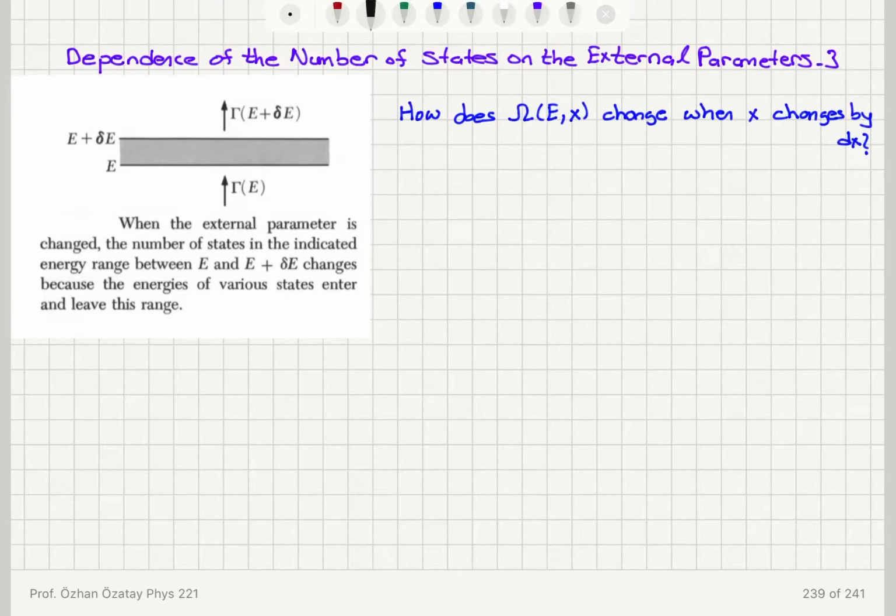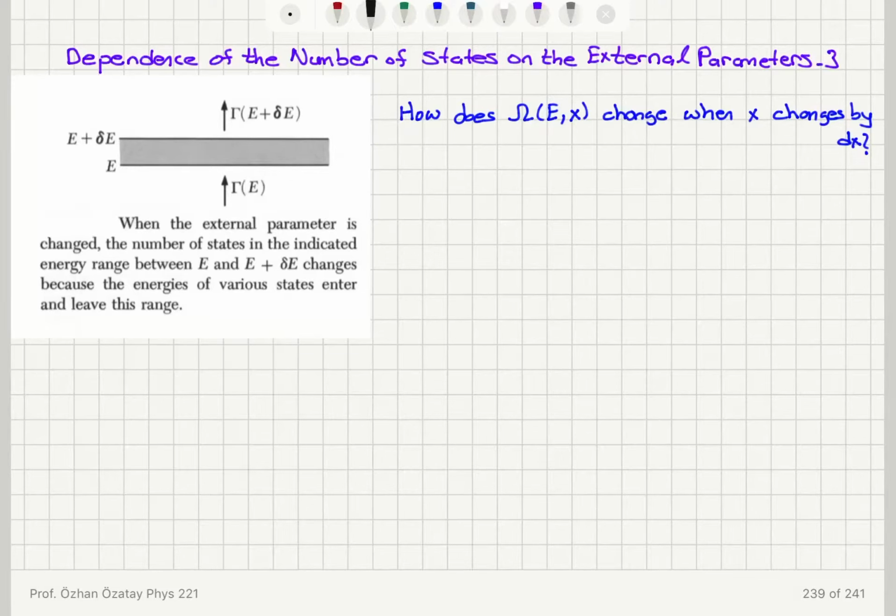So we have to basically look at the difference between gamma at E plus delta E, that is the number of states which are shifting their energy levels above E plus delta E, minus the number of states that have their energy levels shifted to enter the range.